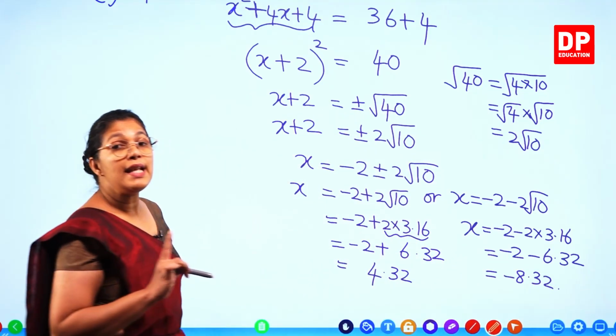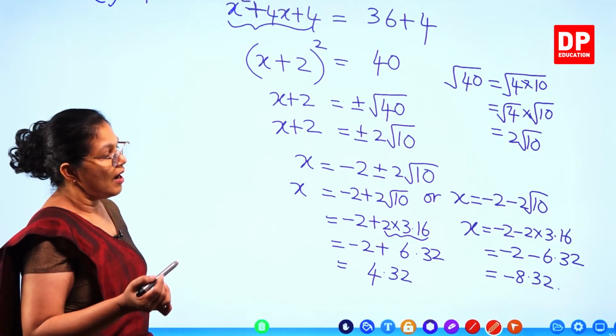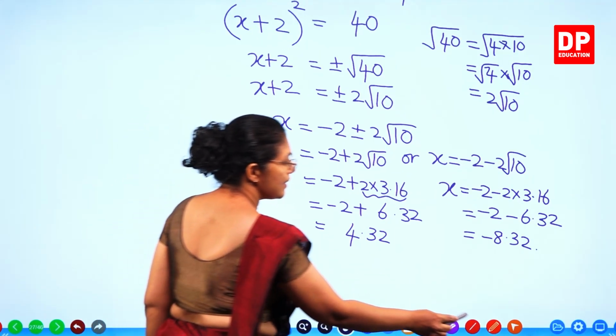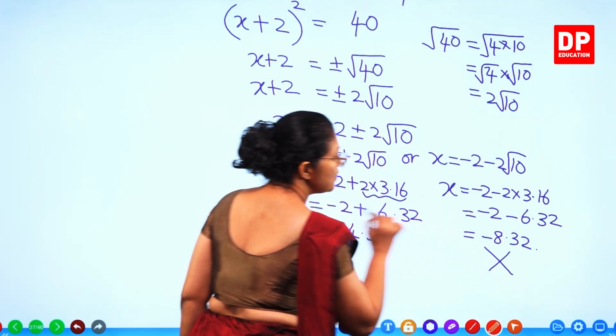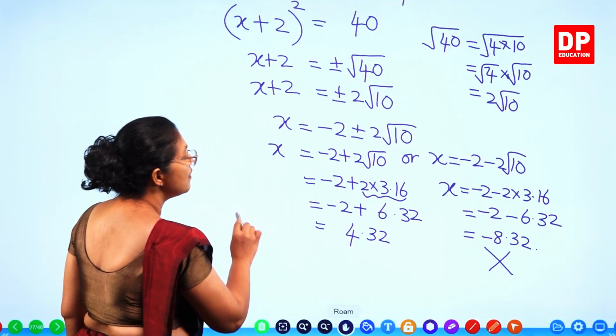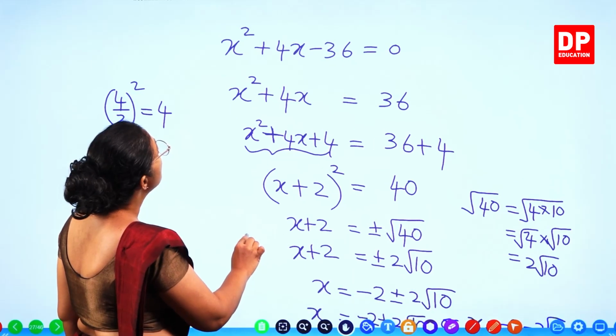This is about a length. X is a length. Can you get a negative answer? You can't get a negative solution for x because it's a length. So you can ignore this value and only take 4.32. So what's the question?